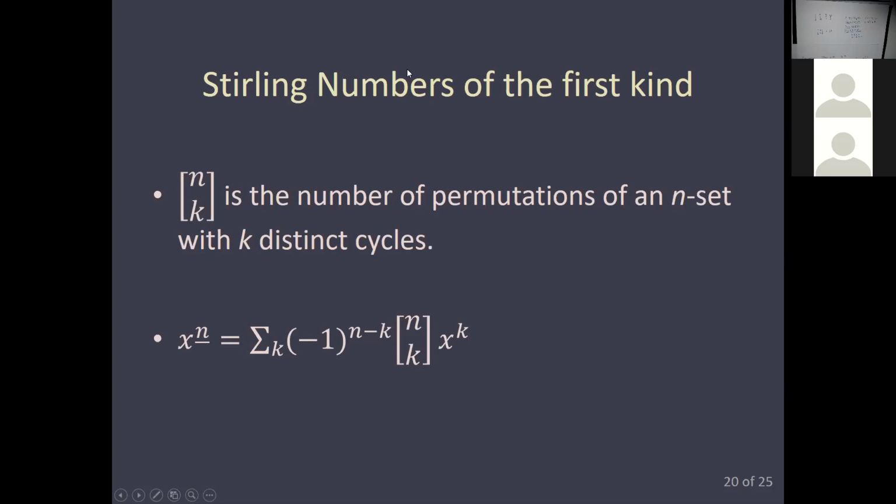Where did my chat go? There we are. So of course, with the negatives in there, they can't count the number of cycles. So this is one of the many, many cases in mathematics where we have 2 competing ideas for notation.